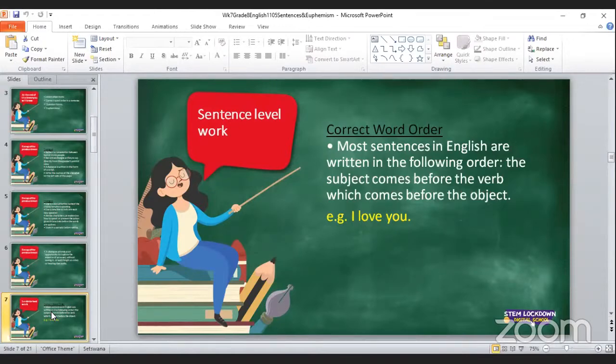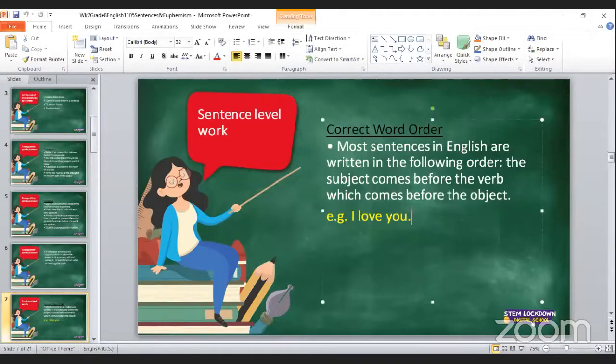Here is a very simple, easy example: I love you. You will realize that I is our subject, love is our verb, and you is our object.